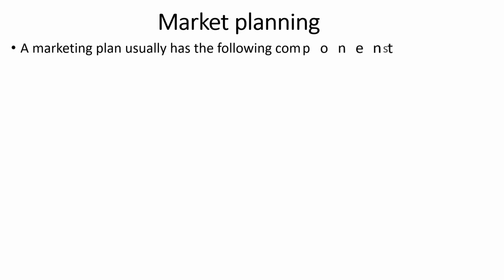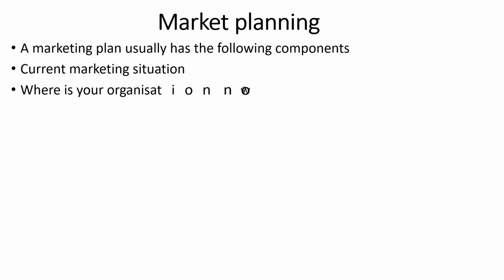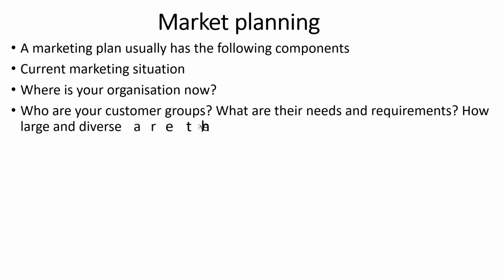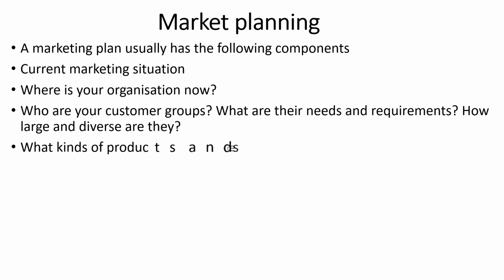Market planning is an aspect which usually has components like current marketing situation: where the organization stands now, who is the customer group, and what is the need of that customer group, and how large or diverse is the customer group.